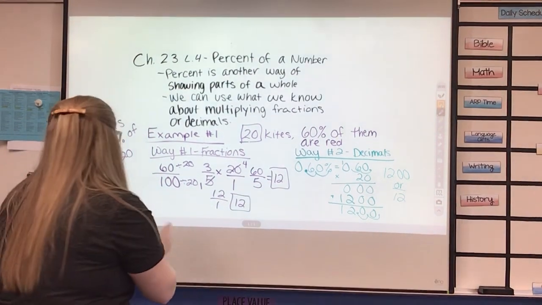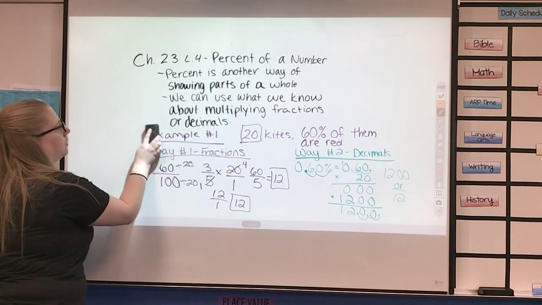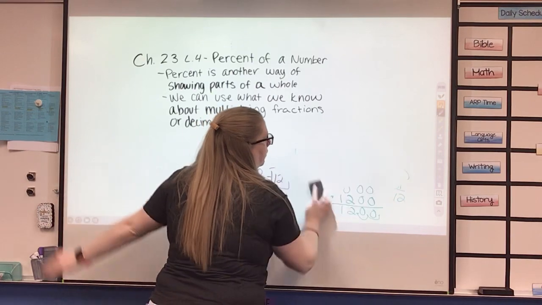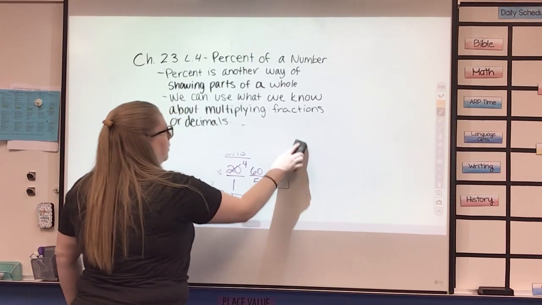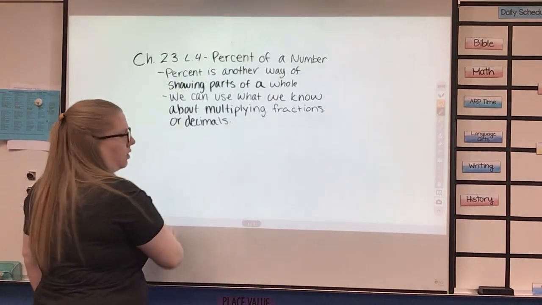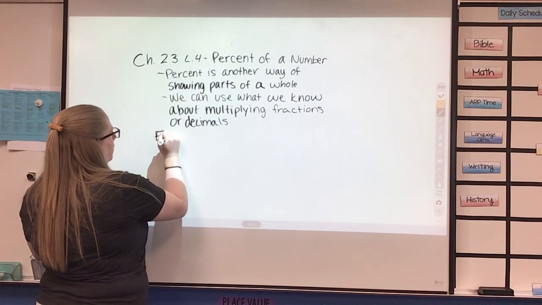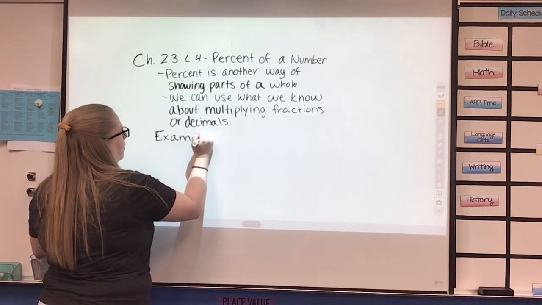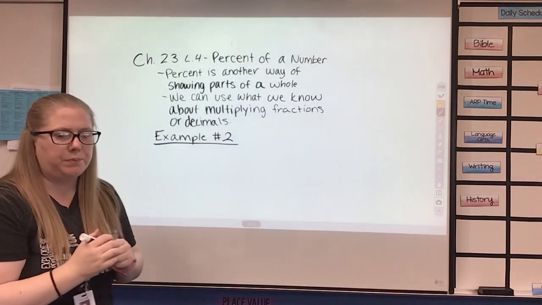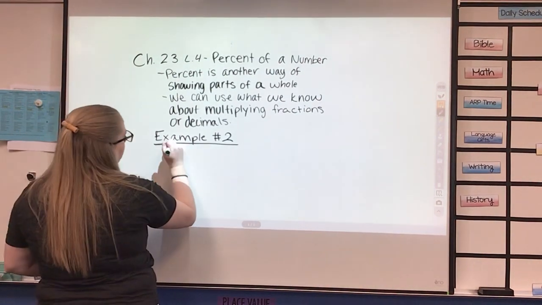So example number 2, I'm going to go ahead and erase. Okay, so example number 2. Is what is 5% of 40?